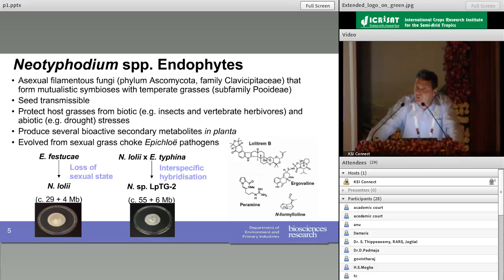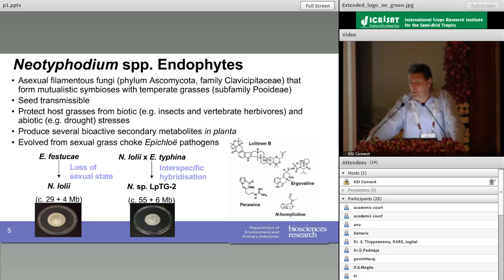They are strictly seed transmissible, so form part of the genetics that we deliver on farm when we sell perennial ryegrass seed. And the endophyte benefits from the association by being protected by the host, as well as receiving nutrients. And importantly, these fungal endophytes protect the host grass from both biotic and abiotic stresses.